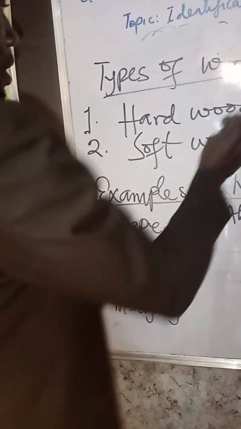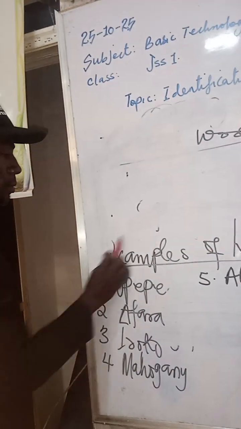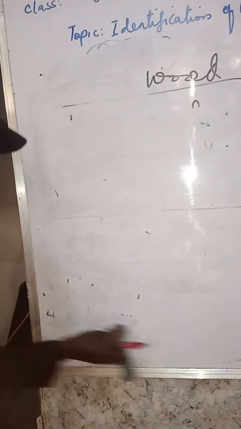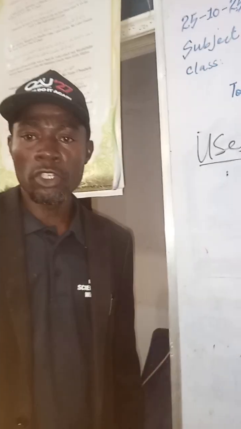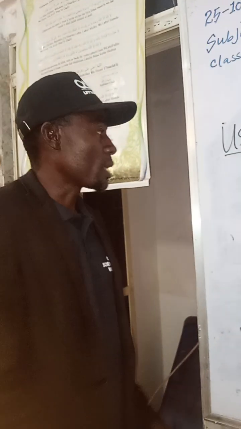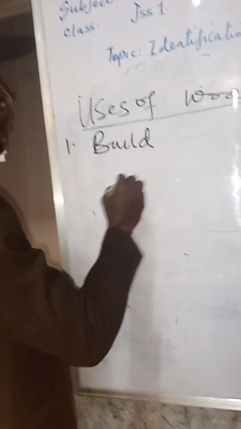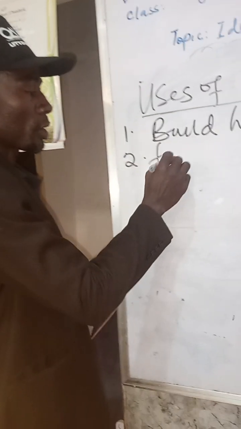Let us look at their uses in general. Uses of wood. We all know at home we have different materials made of wood. Some of the uses of wood are: one, we use wood to build houses. We use wood for our furniture.